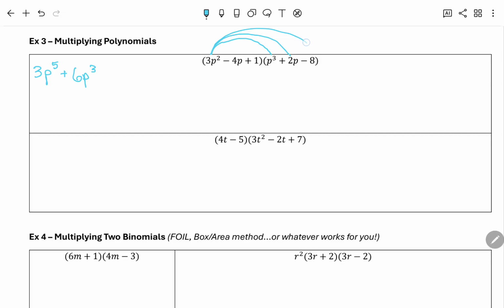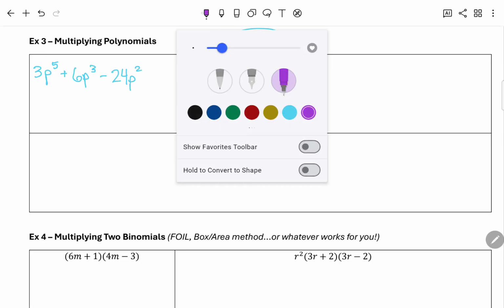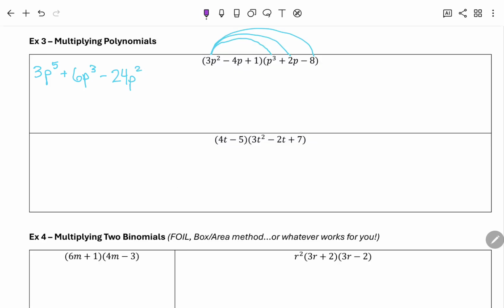And then to the third term here, I'm going to end up with a -24p squared. Now I am going to change my color just to kind of help us see what's going on. For this one, I'm going to do my -4. And I'm going to pick up the pace a little bit because we're just using the same properties again and again.